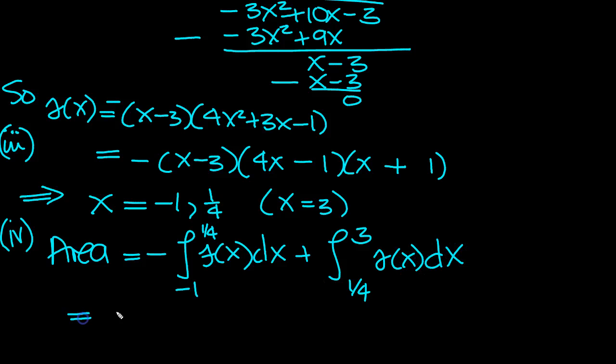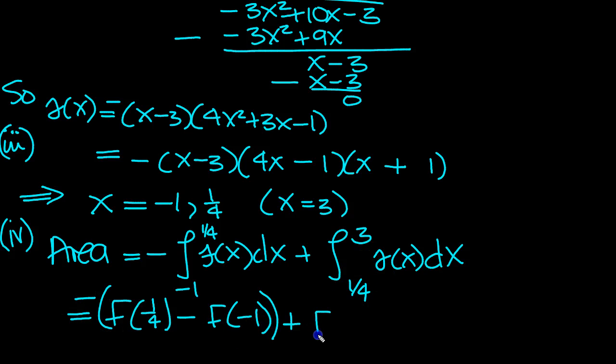So that's equal to then, if we integrate this, we'll write it in capital F notation, so it will be F of 1/4, top value, take away the F of minus 1 here, plus, but it was a minus around all that, wasn't it? So minus this lot, plus F of 3 minus the bottom value F of 1/4.